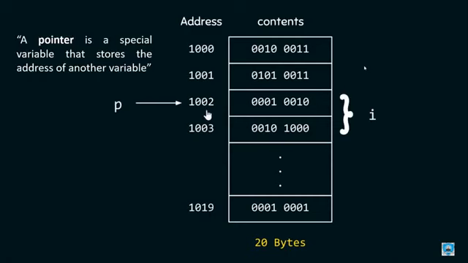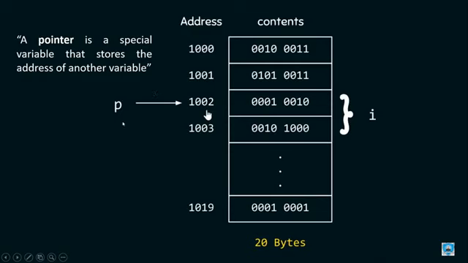So let me begin. Now we can define the pointer. A pointer is a special variable that stores the address of another variable. As you can see in the memory block from the previous slide, suppose the value is 00010010. If I want to access this value, I declare a pointer variable p, and this pointer variable p stores only the location of this value, not the original value.